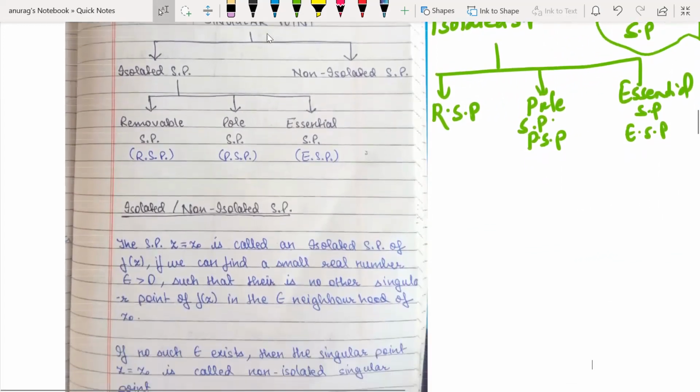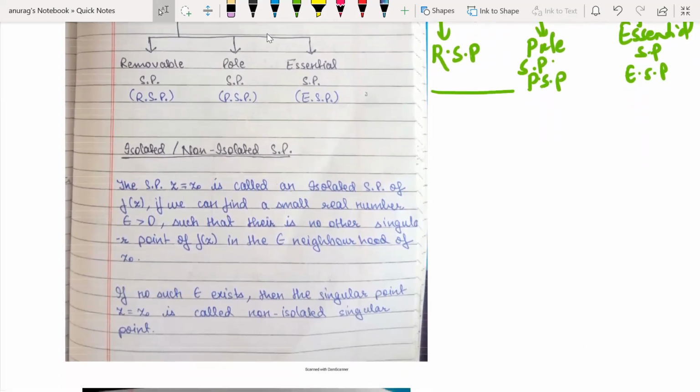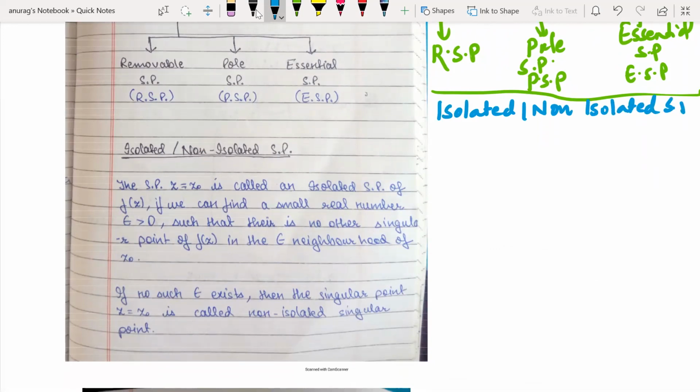First, let's see the isolated and non-isolated singular points, then we will see the categories. I am covering both in one definition only. These are two classifications of singular points.